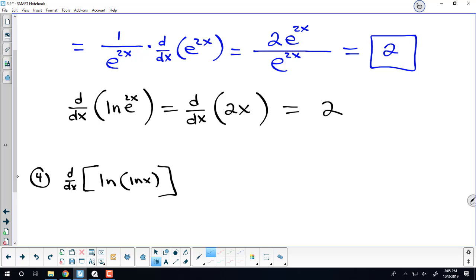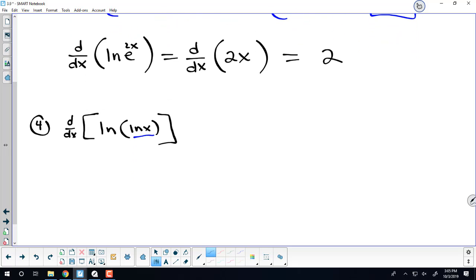Not quite. What kind of rule are we using here? Would it be a chain rule? It's a chain rule. Yeah, there's only one x present. It's not ln x times ln x; it's the log of ln x. So here's your argument.